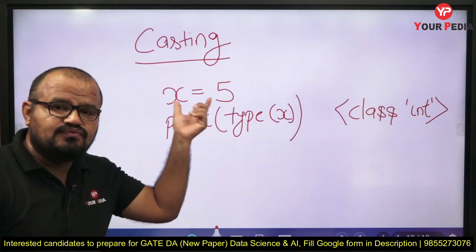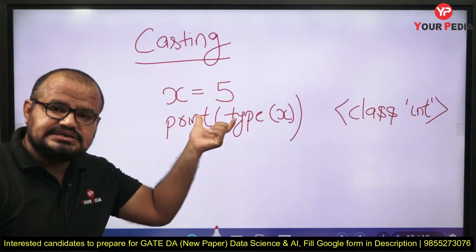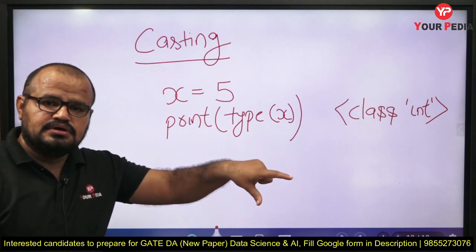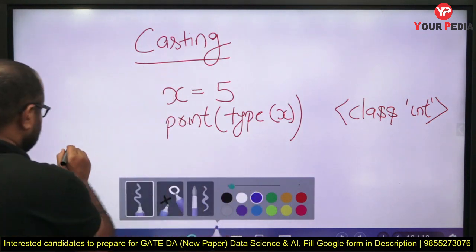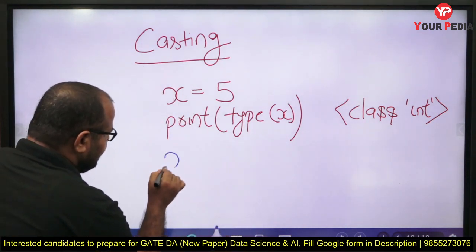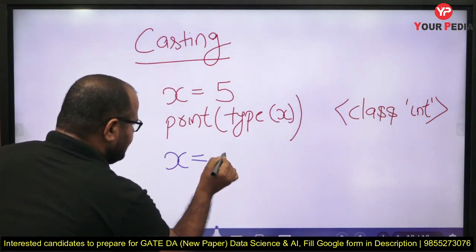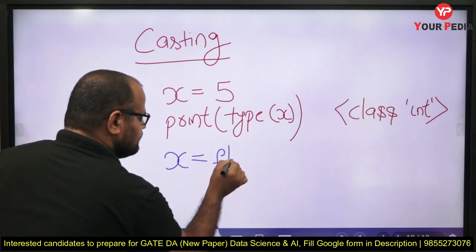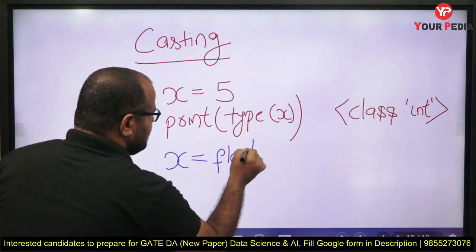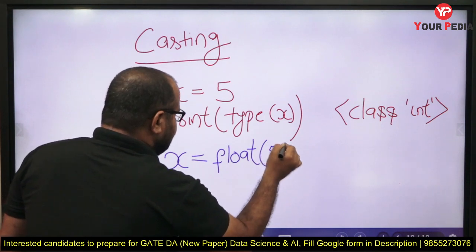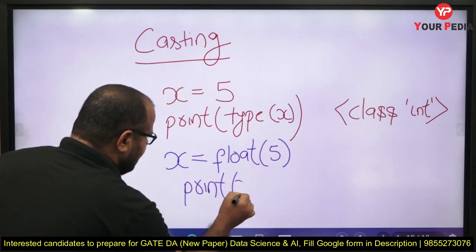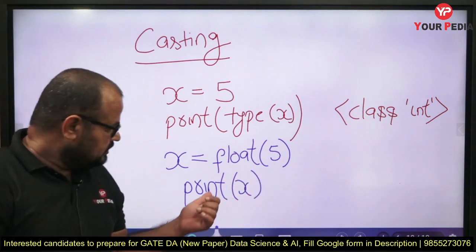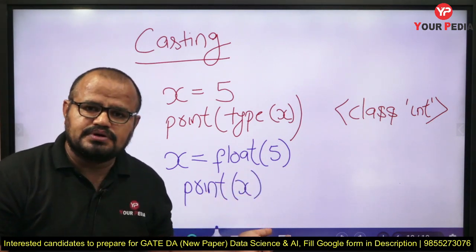Now, if you want this 5, this integer, as a float, then you have to cast it explicitly. And how can you do it? x equals float of x, because you want to make 5 a float. And now if you want to print x, just pause the video and tell me what is the output.